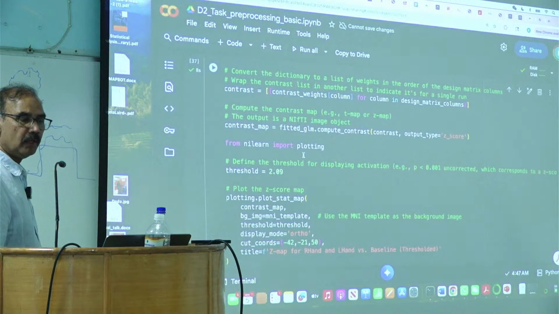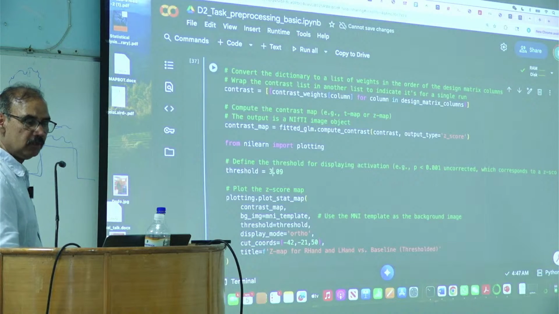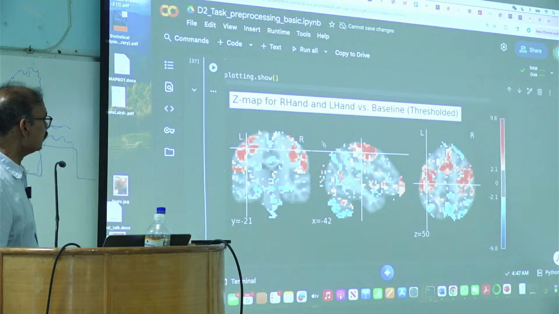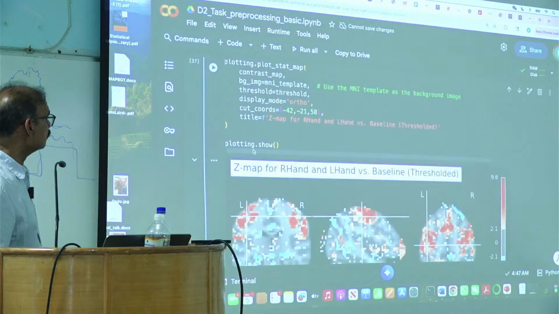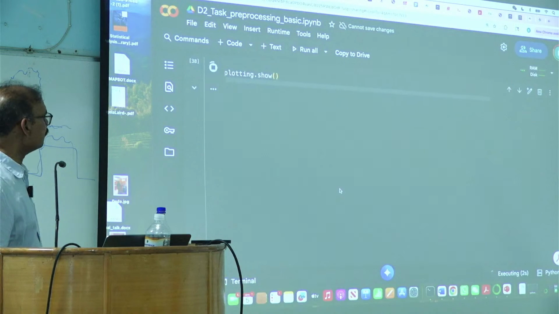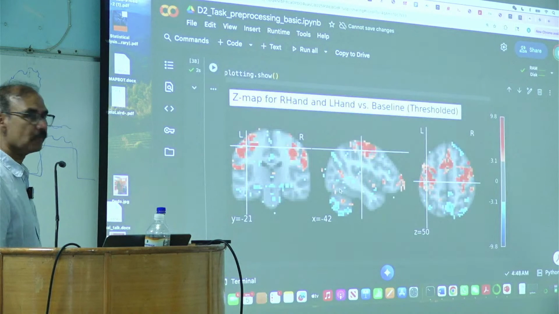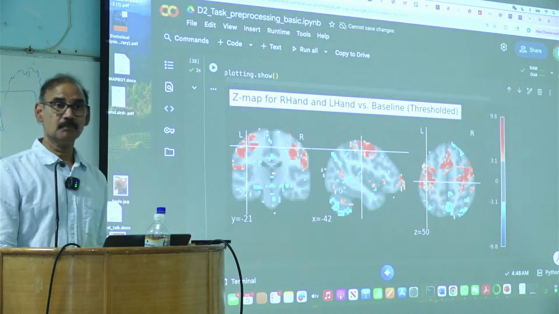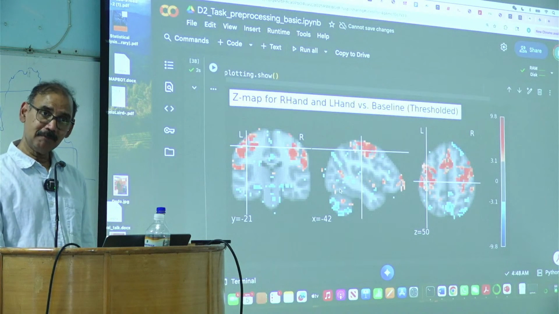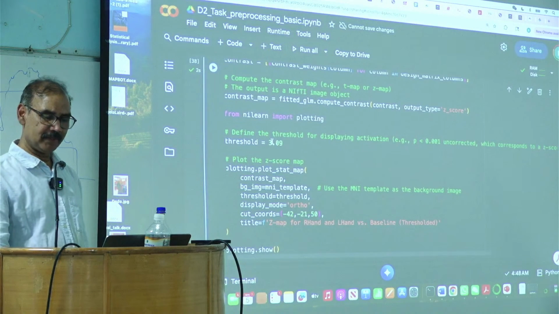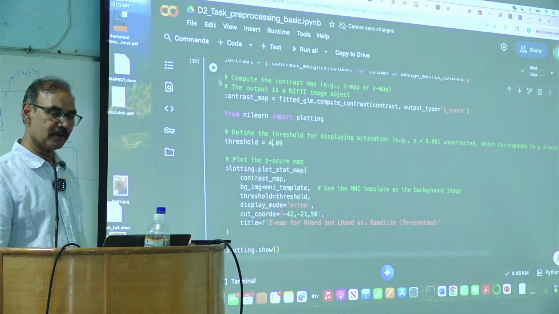This one uses a slightly higher threshold. All of you remember this, okay? This is with threshold of 2. This is with threshold of 3. Which one would you use? Let's say we made it 4.